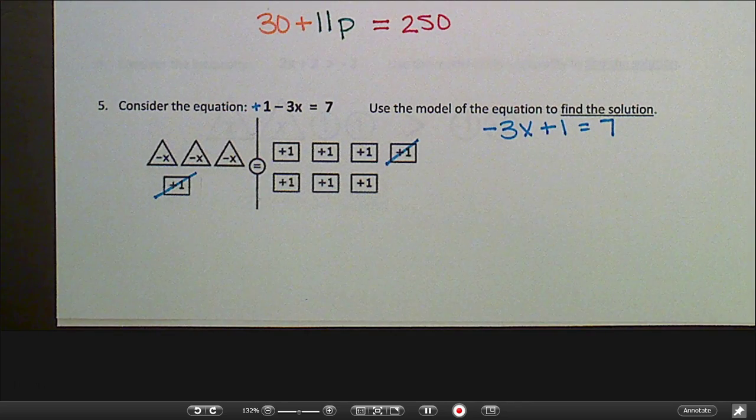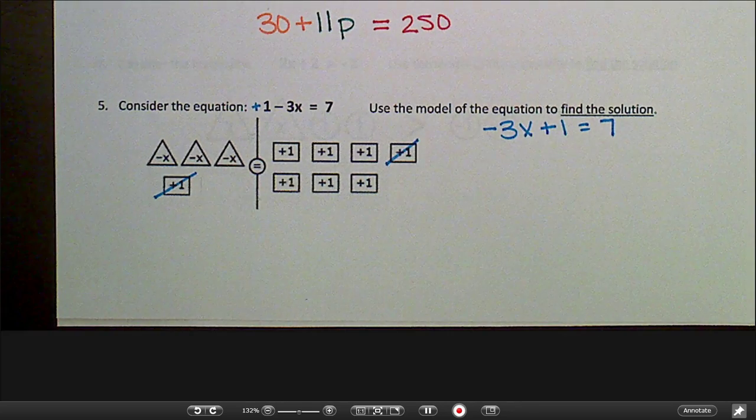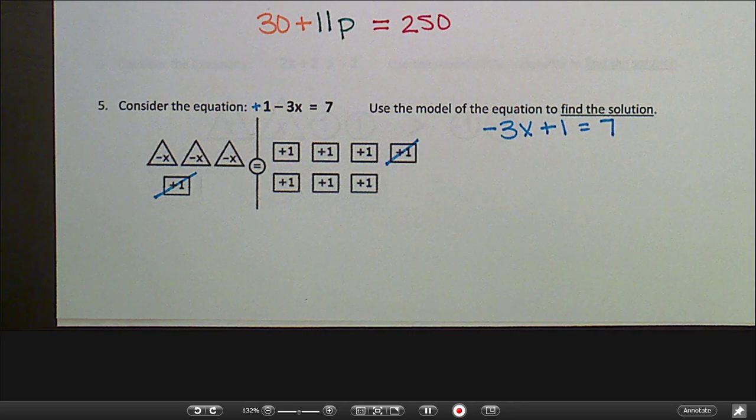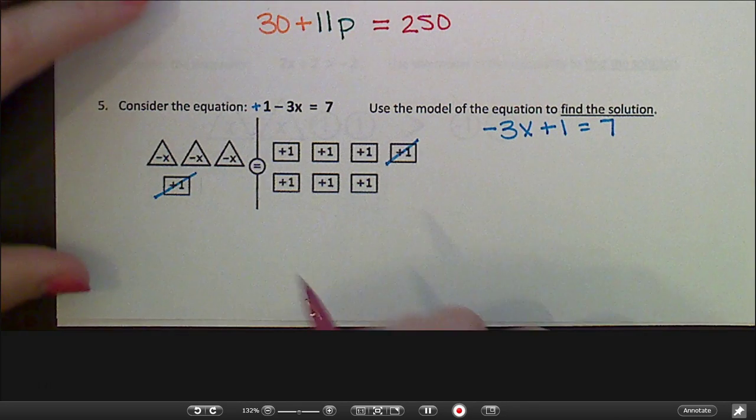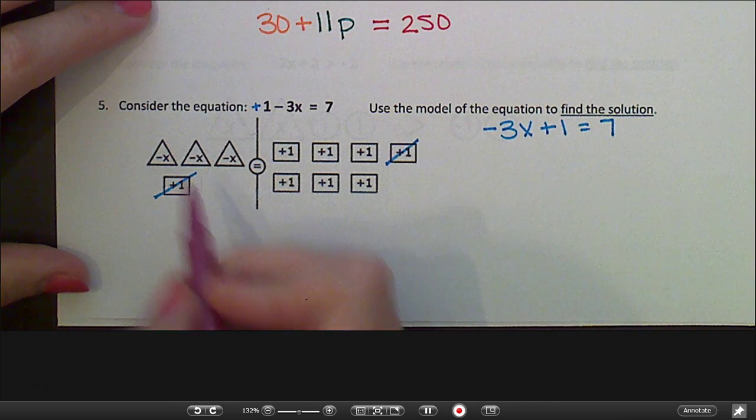So now I see that I have negative 3x equals 6. This is where I'm going to divide both sides by 3.